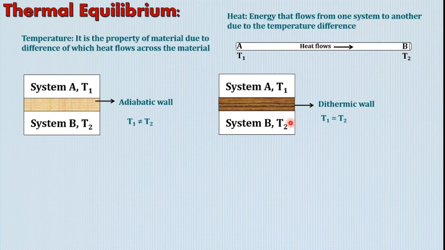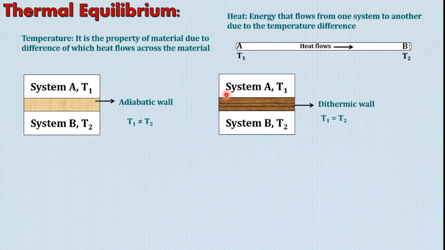So if T1 is greater than T2, energy will flow from system A to B. And if temperature T2 is greater than T1, then energy flow will take place from system B to A. Okay, so this is the difference between adiabatic wall and diathermic wall. And whatever equilibrium is reached here is the equilibrium in respect of temperature, and therefore this equilibrium is called thermal equilibrium.